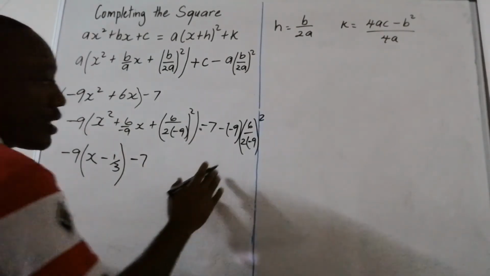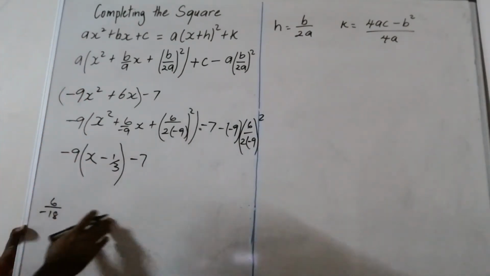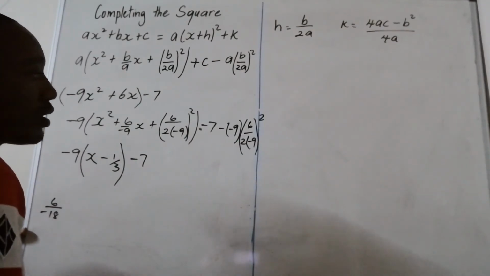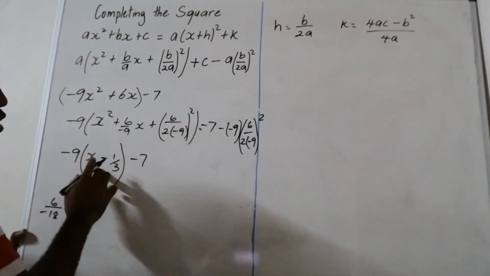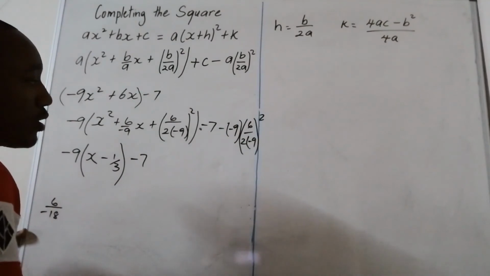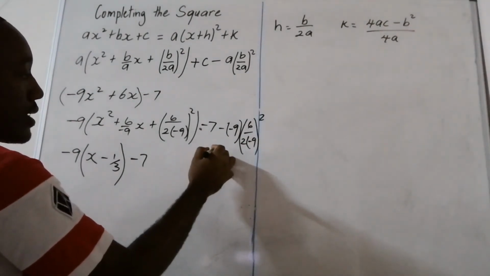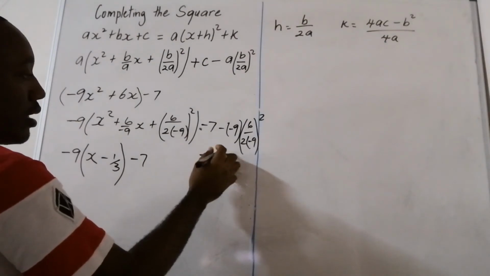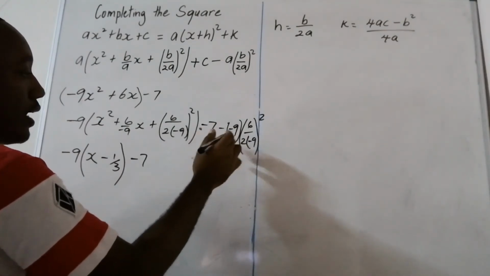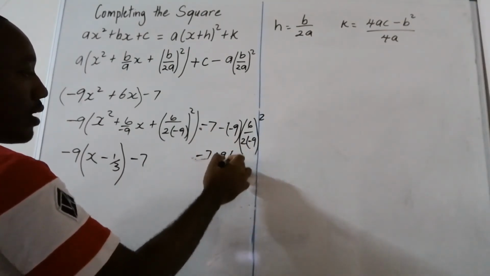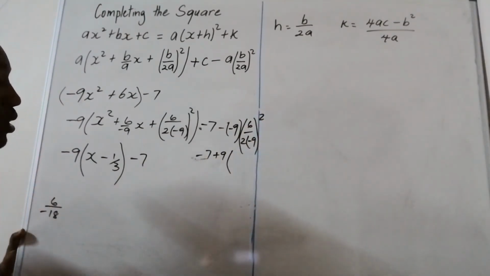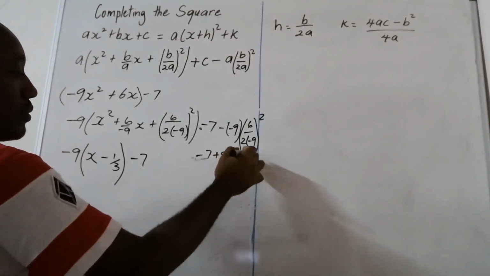All right, let's work this out. We will end up with minus 1/3 squared, minus 7. So we'll have plus 9, the negative and negative, so minus 7 plus 9 times 1/3 squared, and minus 1/3 squared will give us 1 over 9.